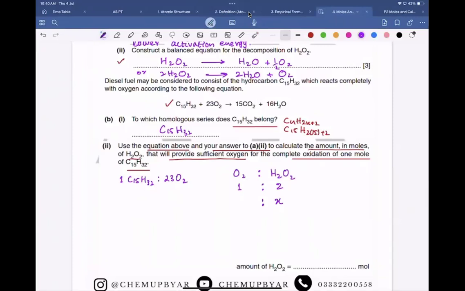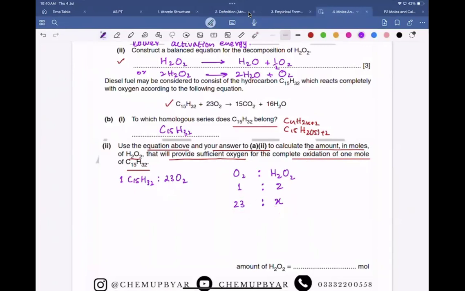Yeah, O2 will be 23 because they are asking for the moles of H2O2 which provides sufficient oxygen for the complete oxidation of 1 mole of C15H32. So we have figured out that for 1 mole of C15H32, 23 moles of oxygen are needed. So we have to figure out for those 23 moles of oxygen, how much H2O2 is going to produce it. Understood? Yes, sir. Now we will cross multiply it.